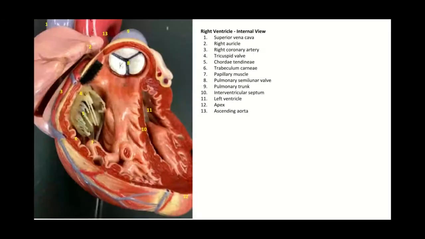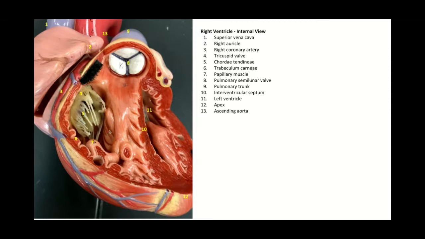Now we open the right ventricle. In the right ventricle, you have different structures. First, I want to show you number 10. Number 10 is a wall, a septum which separates right ventricle from left ventricle.